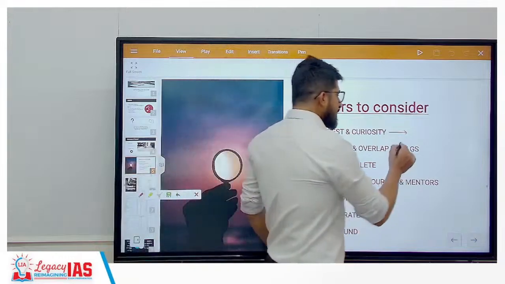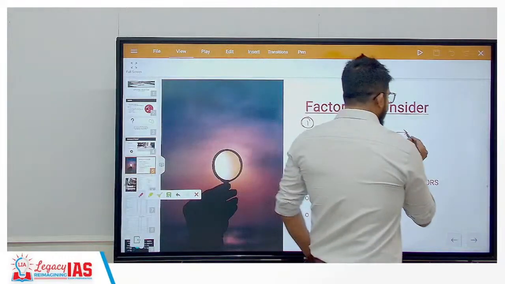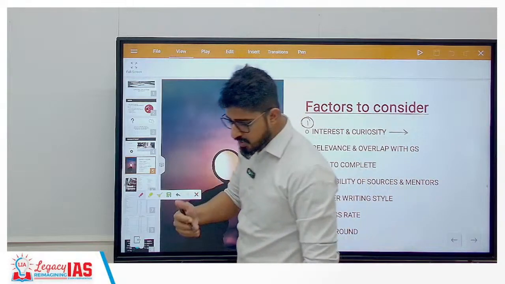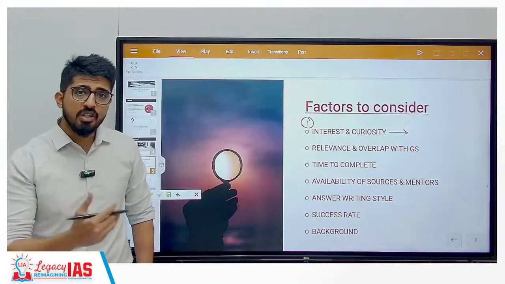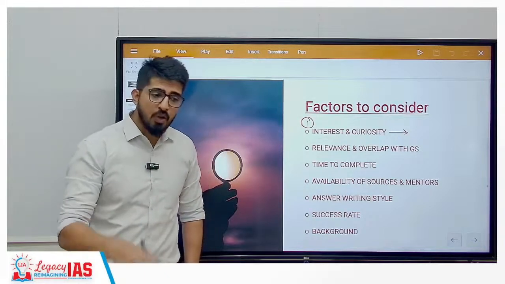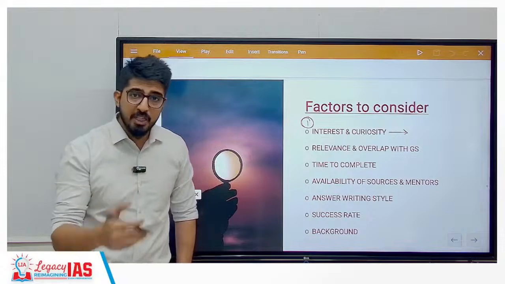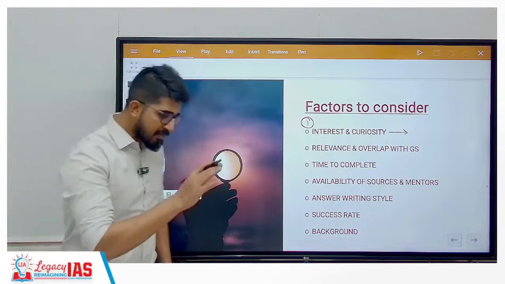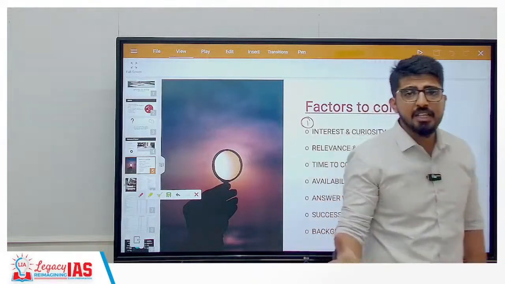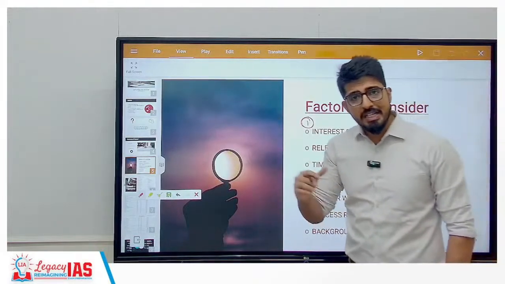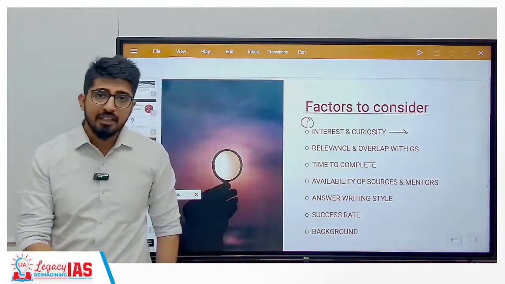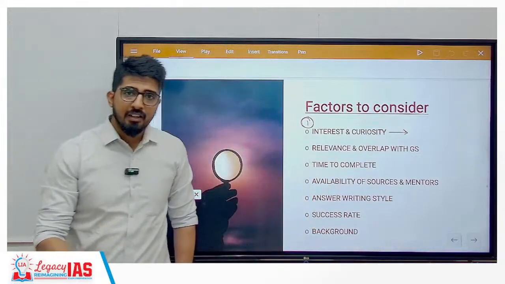And also, it's about how much difference you are going to make in your answer writing. You have to infuse newer points. You have to infuse creativity into your answer writing. That becomes possible only when you dig deeper into the subject on your own. See, apart from the books you study, apart from the class notes, or apart from the material that you get, you're supposed to dig deeper and lay hands on material related to the optional you are choosing.